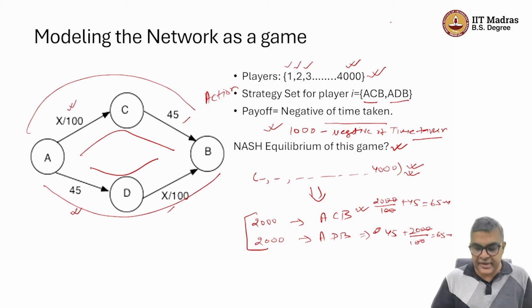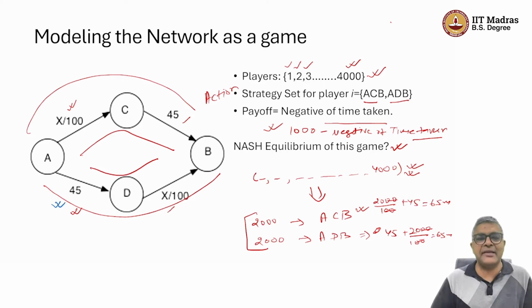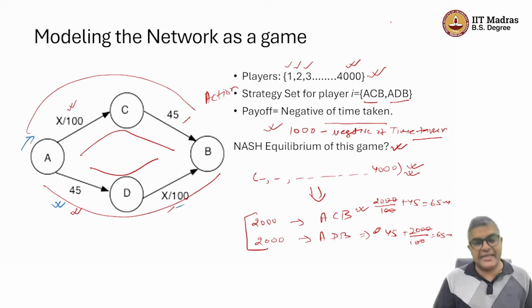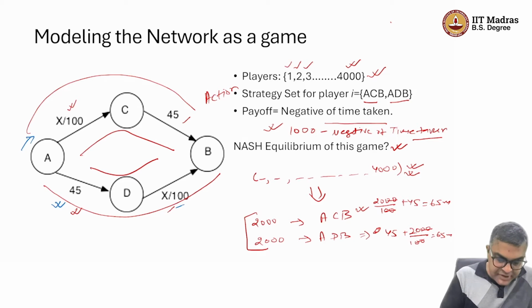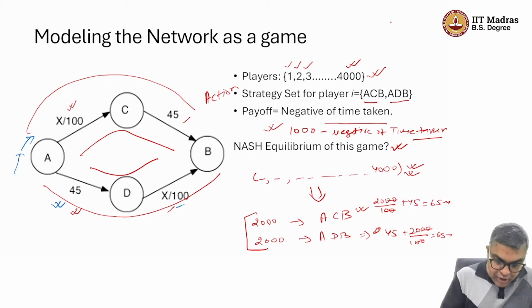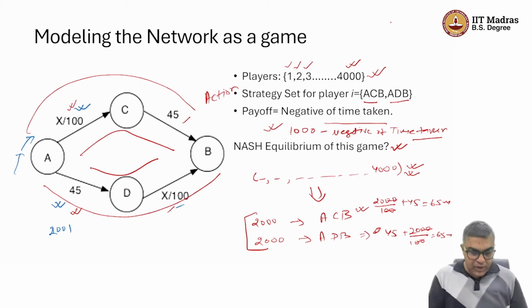Let us check whether it is true or not. Let us say one driver who is on this path, can he do better? How can he do better? If he changes to this way, what will happen? Of course, here X will reduce. That is not important. What is important for this driver, who is changing the path, is what is happening to his payoff. So now X will go up to 2001. Already there were 2000 vehicles, one more is coming.